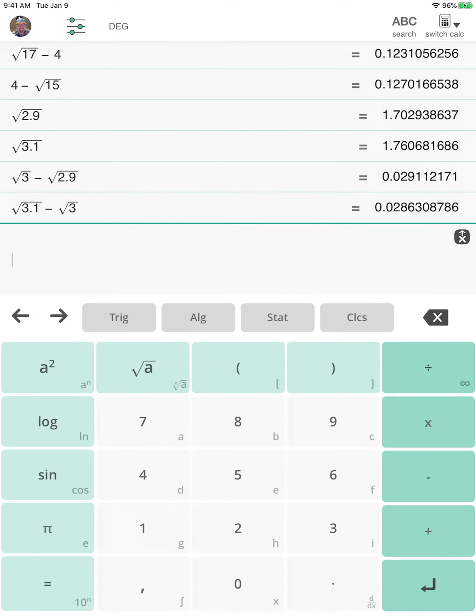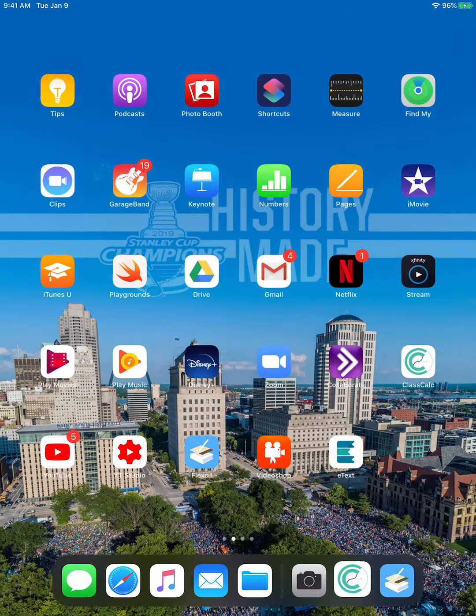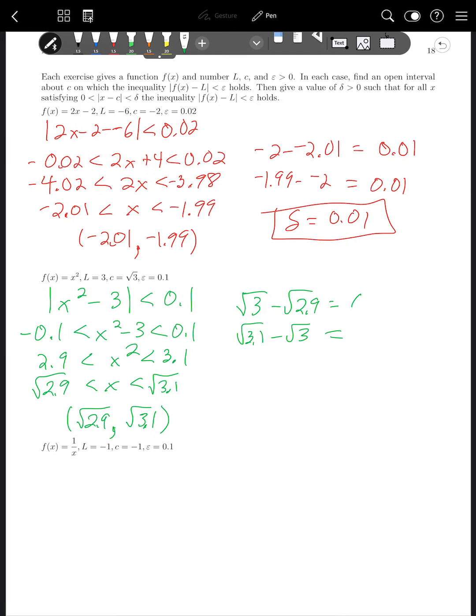And on the other side, we get 0.0286. So we need around 4 decimal places here, right, to find the difference. It's 0.0291 and 0.0286. So it's the second one. So delta equals 0.0286. And once again, write your answer in the format they asked for on the homework. And then the last one.